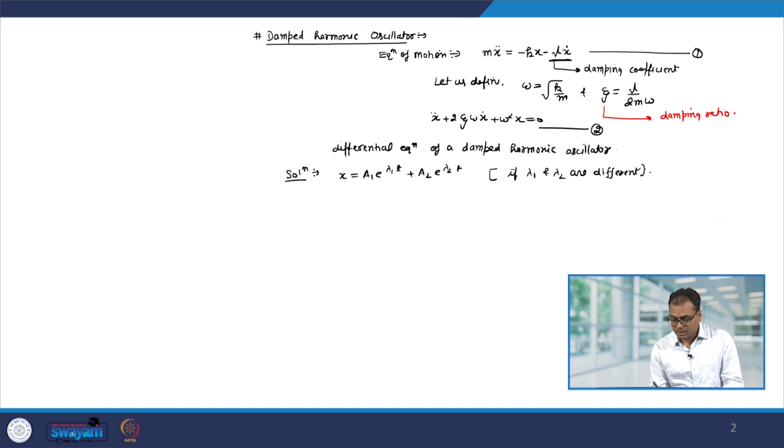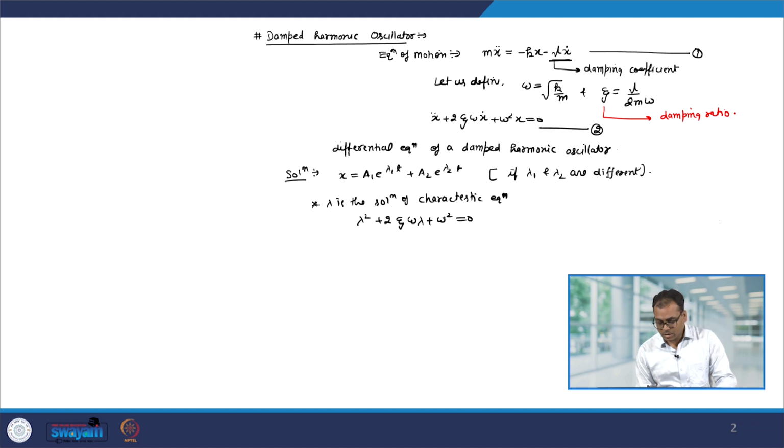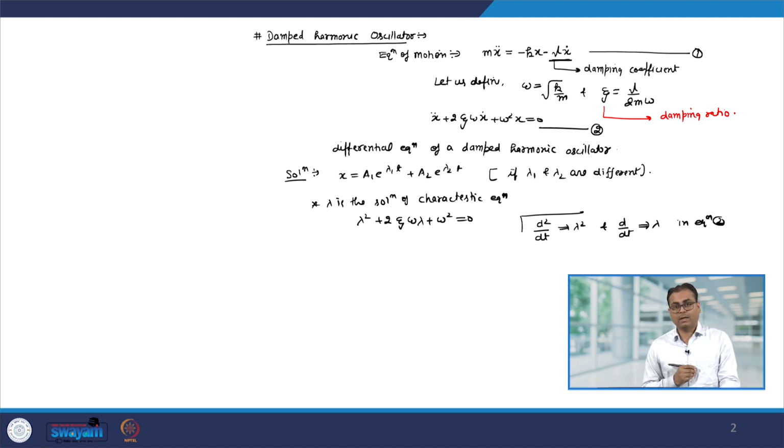Here this lambda is the solution of the characteristic equation lambda square plus 2 zeta omega lambda plus omega square equal to 0, and we get this equation by replacing d2 over dt square by lambda square and d over dt by lambda in equation number 2. So, we have to solve this equation to find out what the lambdas are.